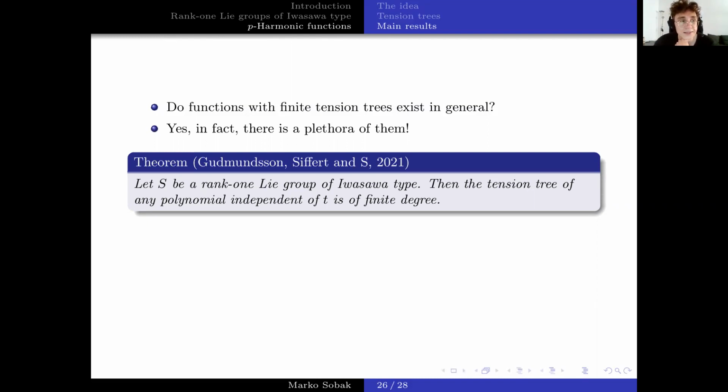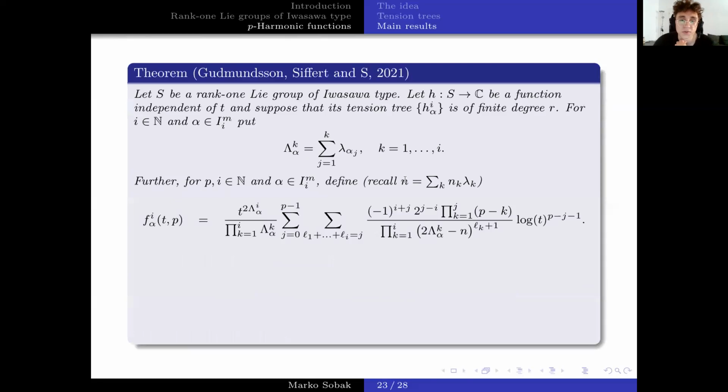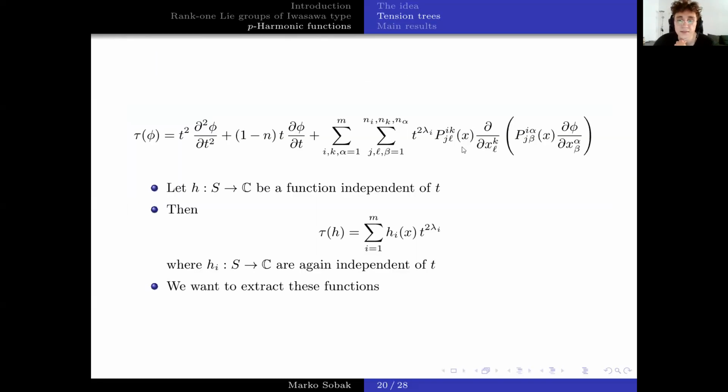This kind of boils down to the fact, as I said before, when I showed you the general formula for the Laplacian, I said that it's not too important to know how these polynomials are defined. It's just important to know that they are polynomials. And this is where this becomes important.